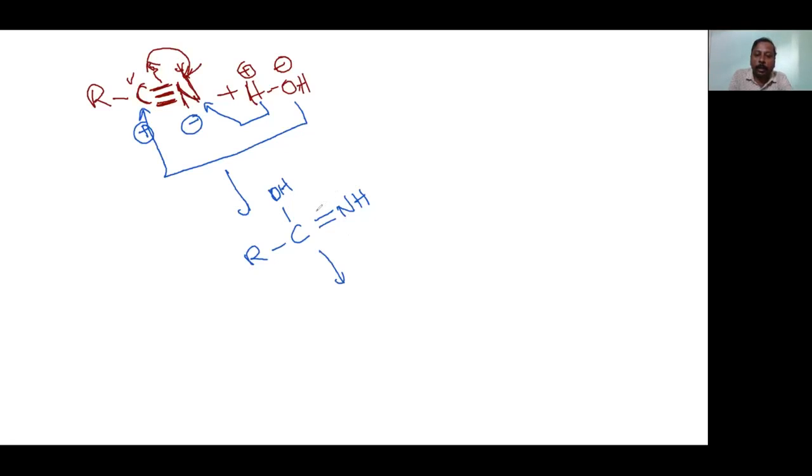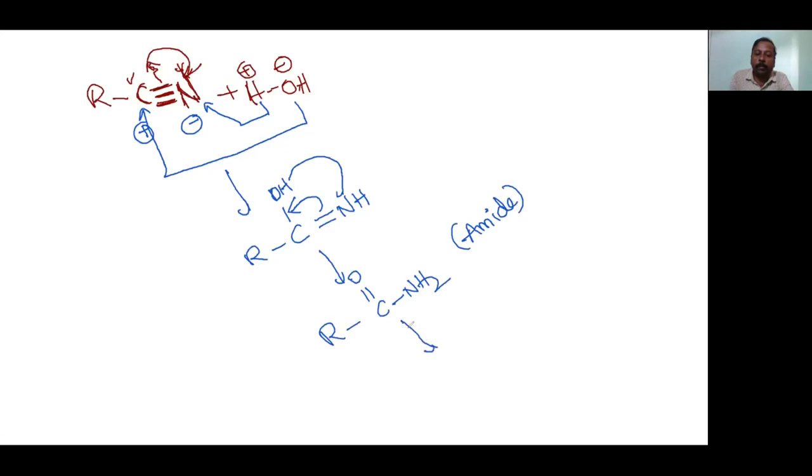Now after this there will be tautomerism. This hydrogen will come here, this hydrogen will go here. So then it will be RC double bond O and single bond NH2. Now what did we get? Amide.